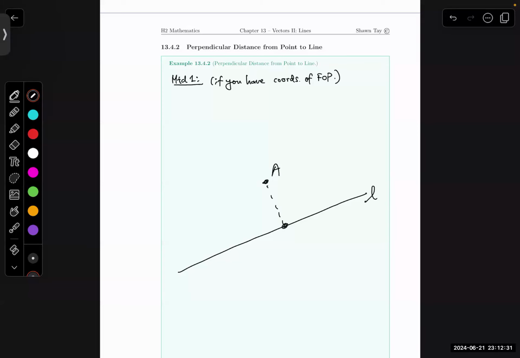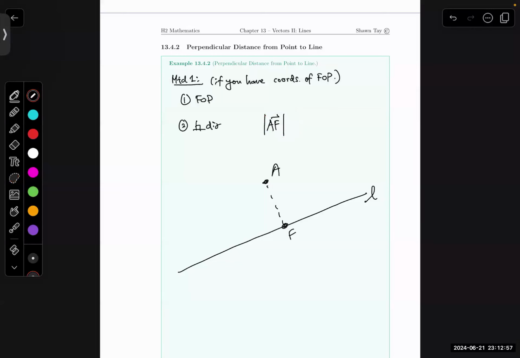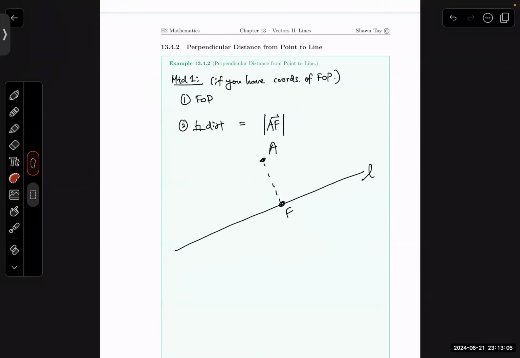If you have point F, of course you need to find the foot of perpendicular. Then the second step is just vector AF, modulus. That's the perpendicular distance. Okay, done. Nothing much really because you just need to find the foot of perpendicular.